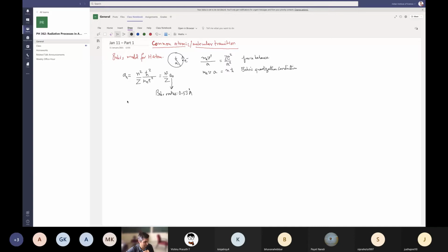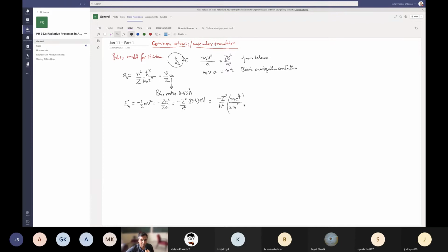Similarly, we know that E_n, the energy of the nth level, is minus half m v squared, which is equal to minus Z e squared by twice a, which is equal to minus Z squared by n squared times 13.6 eV, or also equal to minus Z squared m e to the 4 by twice h cross squared.